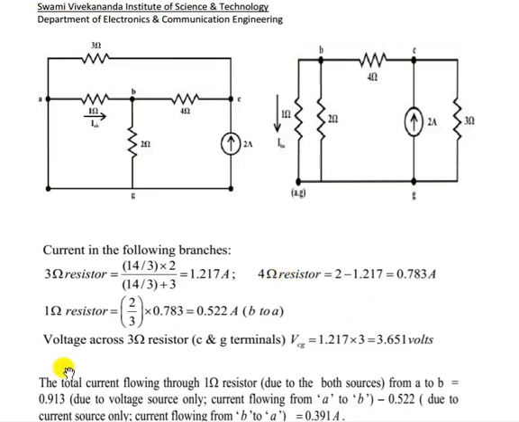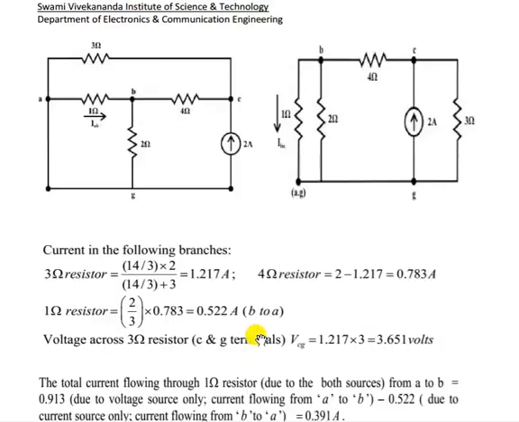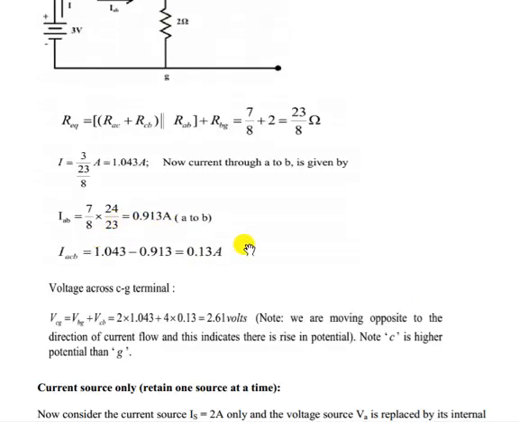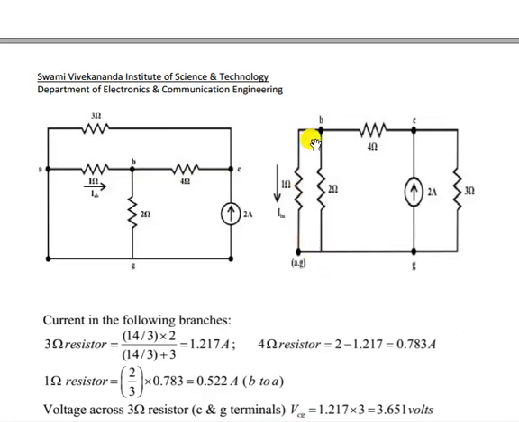Then we can find out the voltage drop across the 3 ohm resistor also, just by multiplying resistance into current. Then what is the total current flowing through the 1 ohm resistor due to both sources? One current is A to B, which is 0.193, so that is 0.913 A to B, and this current is flowing from B to A. Why?